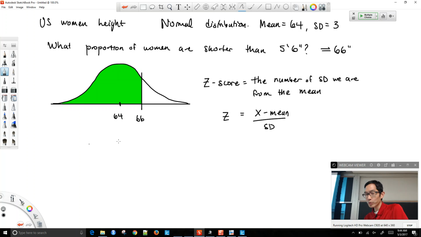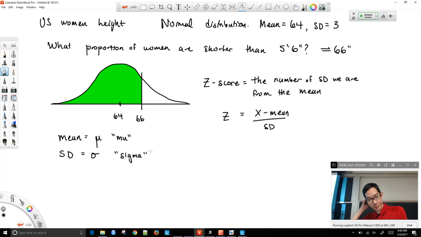When we're talking about normal distributions, the mean symbol looks like the letter U with a line in front, and it's pronounced mu. And the standard deviation looks like an O with a line, and it's called sigma.